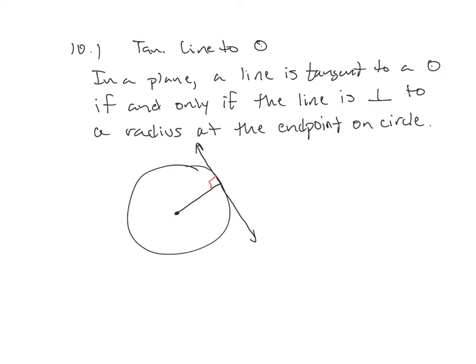So here's one of the things. What kind of problems might you see using this theorem? A line, so if you know it's a right angle, then you know it's a tangent line. And if it's a tangent line, then you know it's a right angle. You can kind of go back and forth. That's what that if and only if means.